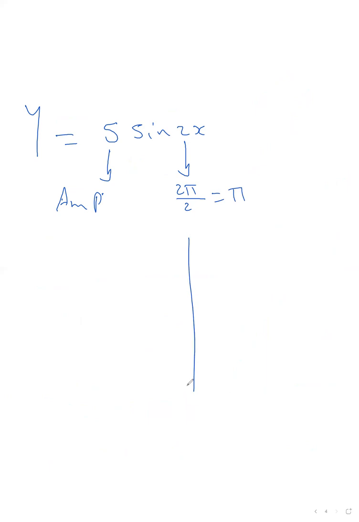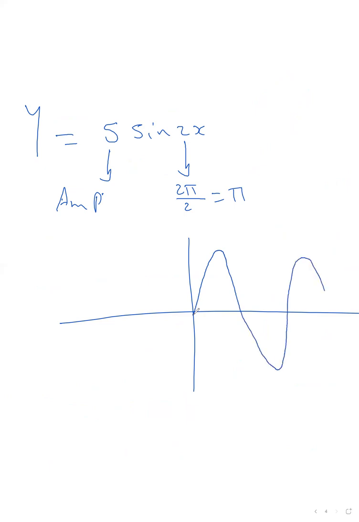Okay, so you can graph it. This is pi over 2, and this is pi. So the period is pi from this one to this one. All this rotation is pi, and so on.